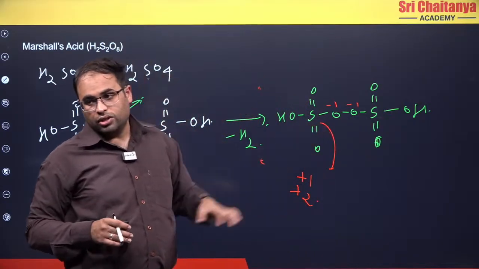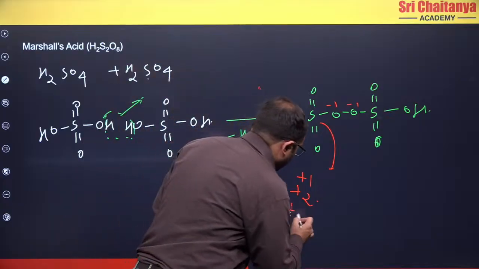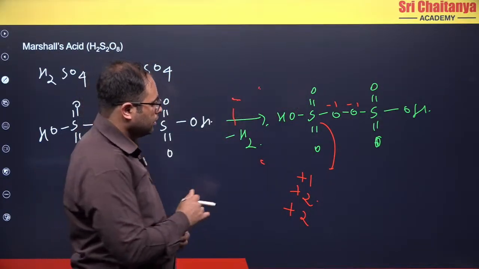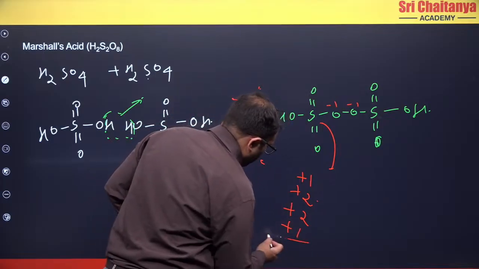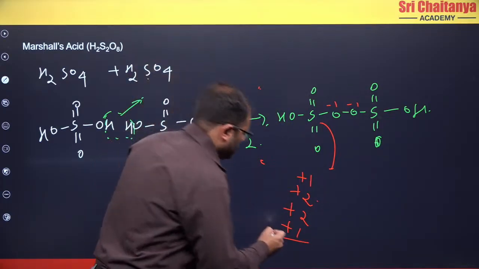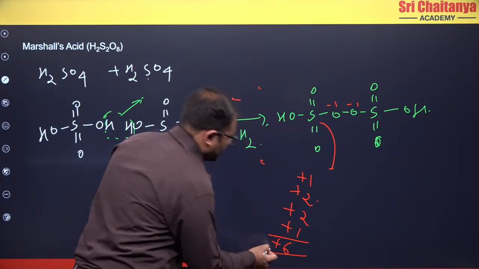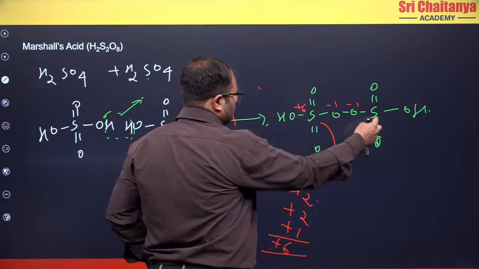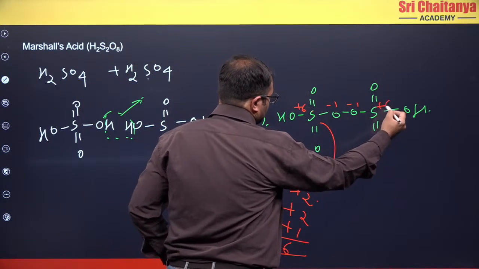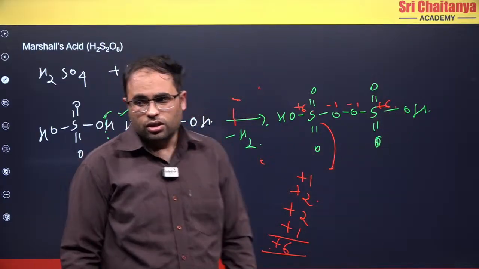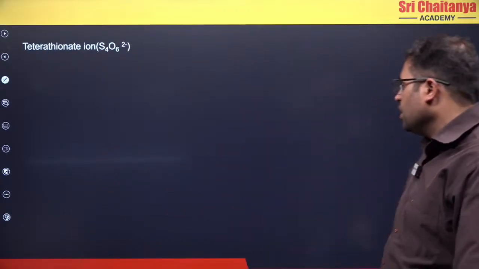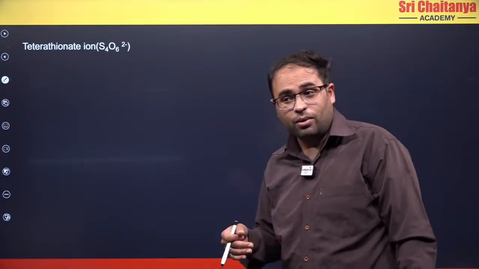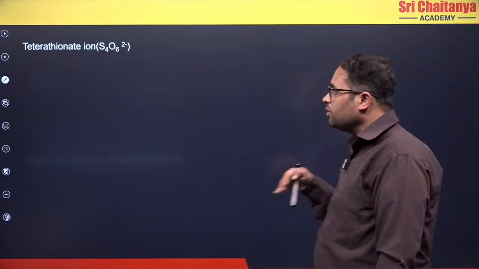For this single oxygen, again you will get +2. For this oxygen, you will get +1. You will get +6, right? So this sulfur has +6 oxidation state here, because this is same as this, +6. This is your Marshall's acid. People who are just joining in and leaving, you will not be able to understand anything because you did not attend the previous sessions.